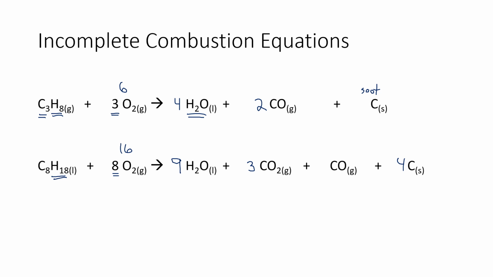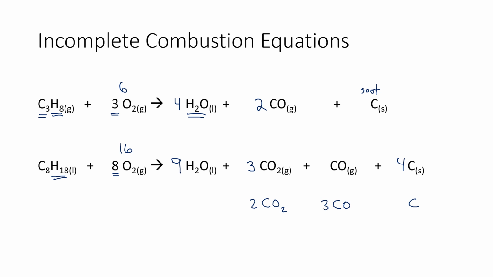So with these incomplete combustions, there is a variety of ways to balance them. I didn't have to balance with 3 here. I could have moved this around. In fact, let's do that. A second balance we could have done with the carbon dioxide and the carbon monoxide and the carbon here is it could have done 2 here, and that would have used up only 4 of the remaining 7 oxygens, which means we'd have 3 left, and we could have done 3 carbon monoxides here.